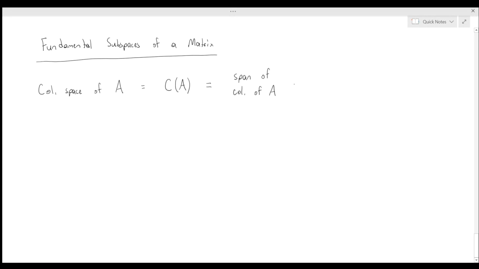Last time I talked about how you can also view the column space of a matrix A as being equal to the set of all vectors B for which the equation AX equals B has a solution.